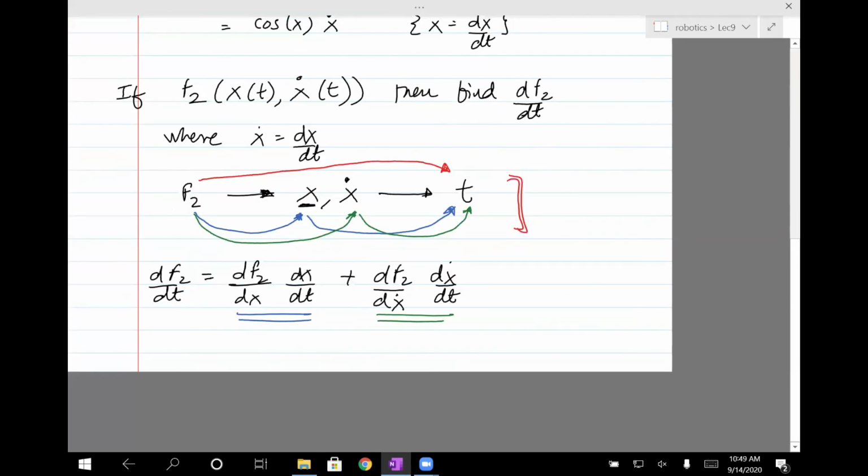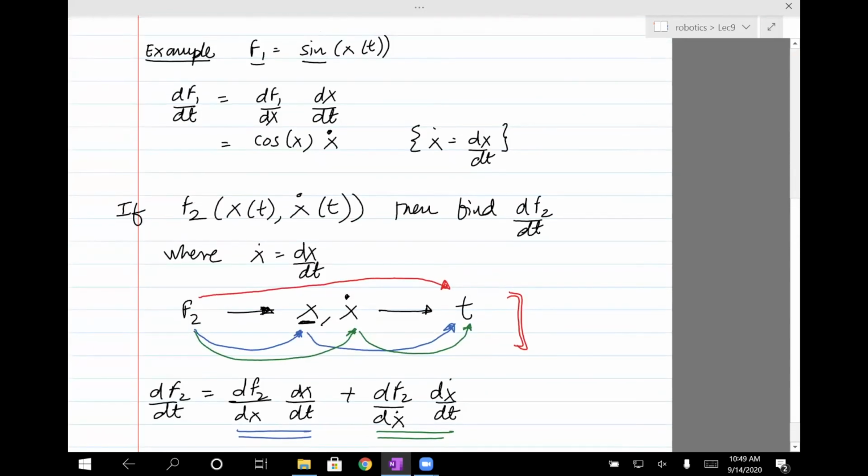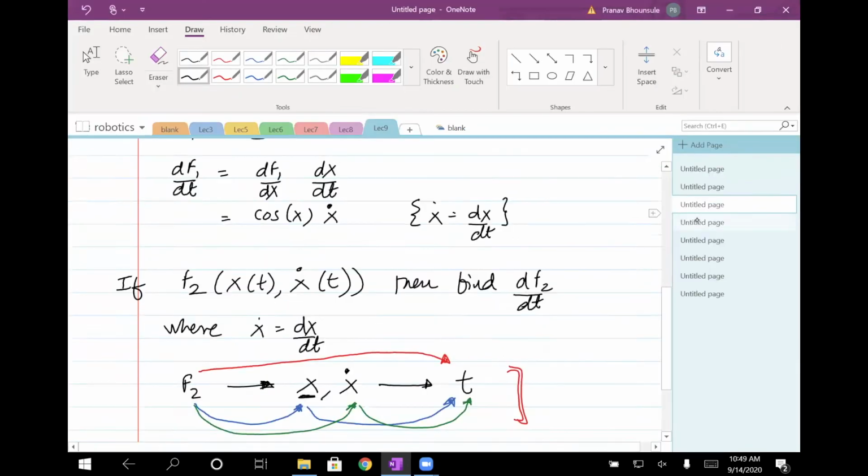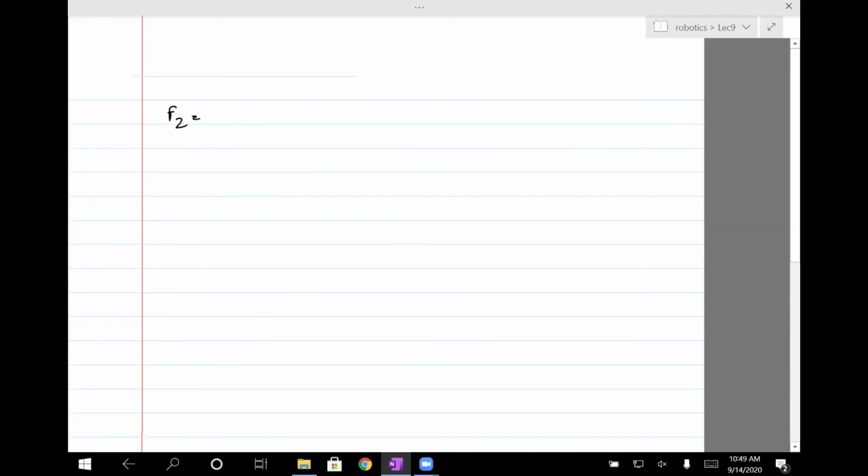Okay, so let's do an example, and then that will be the end of today's class. So the example is, if f2 is x of t times x dot of t, find df2/dt.